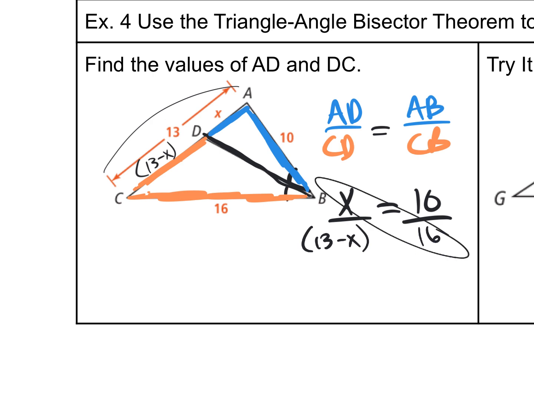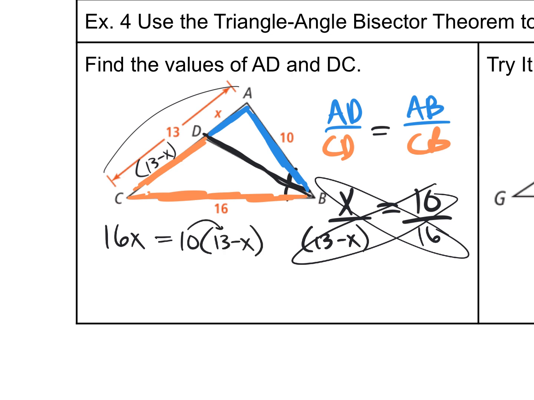So once we get our proportion set up, we can cross multiply. So 16 times X is just 16X. In the other diagonal, we're taking 10 and multiplying that times the expression 13 minus X, remembering to distribute the 10 there. That side looks like 130 minus 10X. On the other side, we have 16X. And now we're just using opposite operations to try to solve.